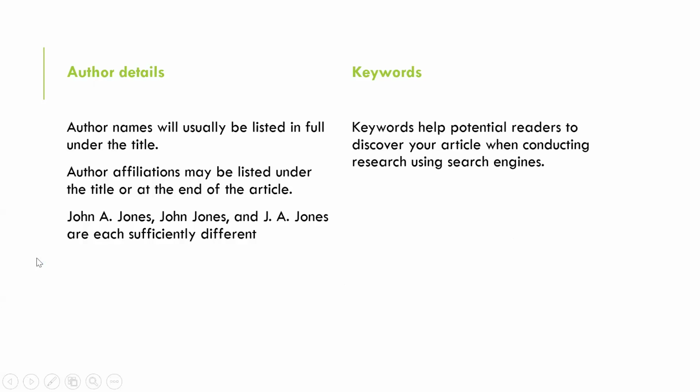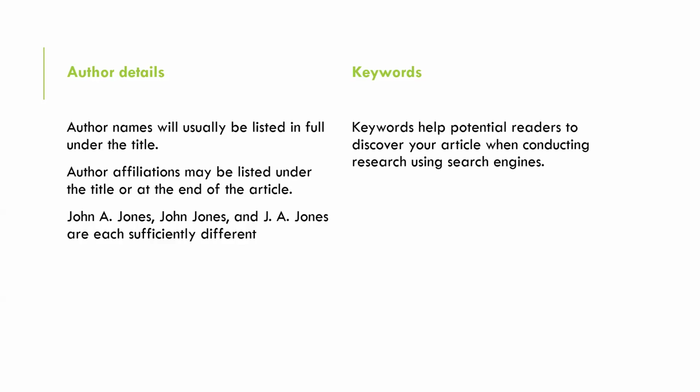So next is the author details. Author details include all information about the author: the names, surnames, and affiliation. And one thing you should pay attention to when writing the research paper is to write the same style of your names.